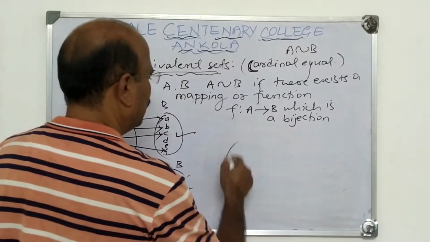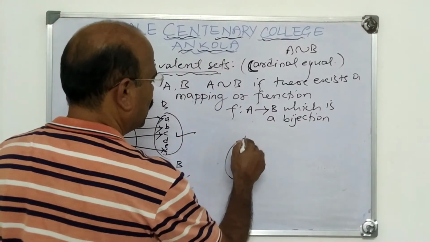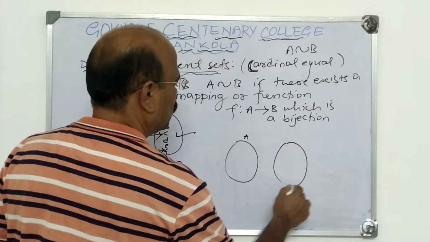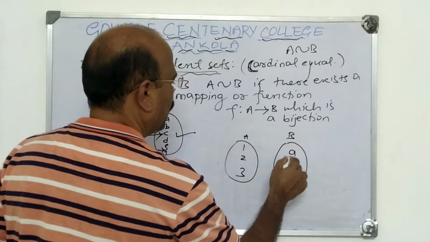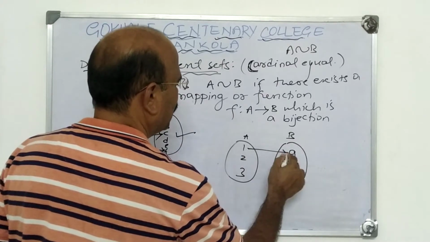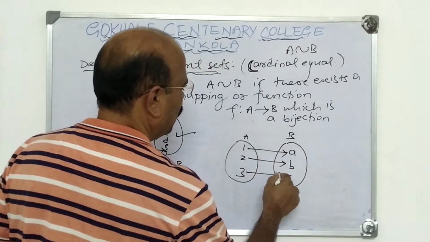Say I take this diagrammatic representation of the function. Suppose this is A and this is B. I take finite elements here, 1, 2, 3, and here A, B, C. Suppose 1 is related with A, 2 with B, 3 with C.